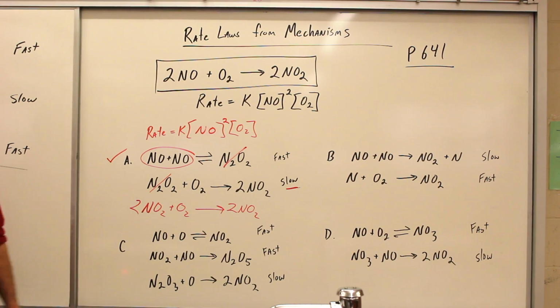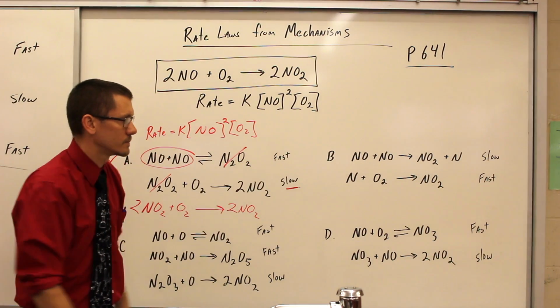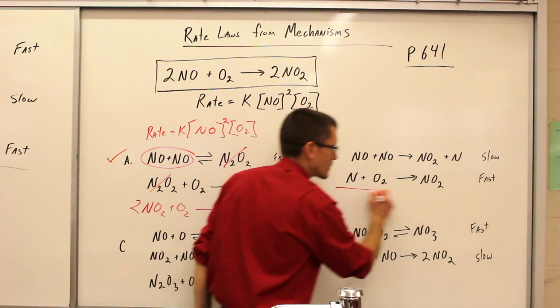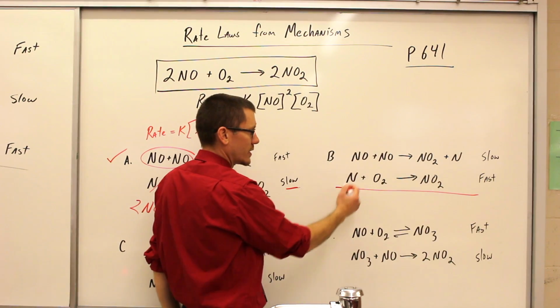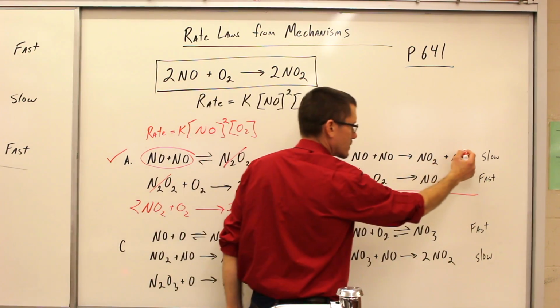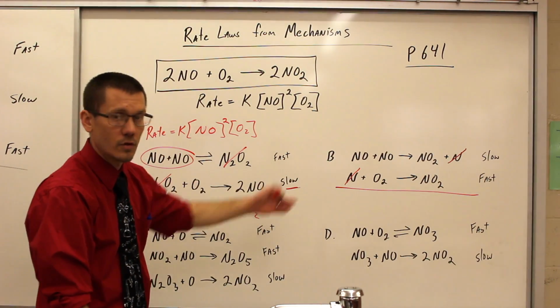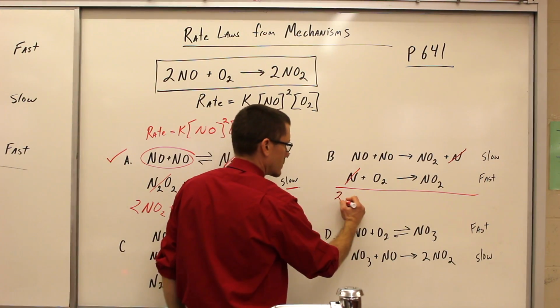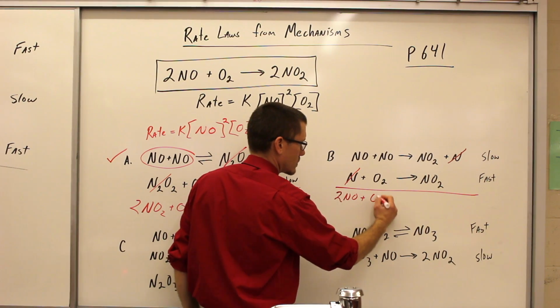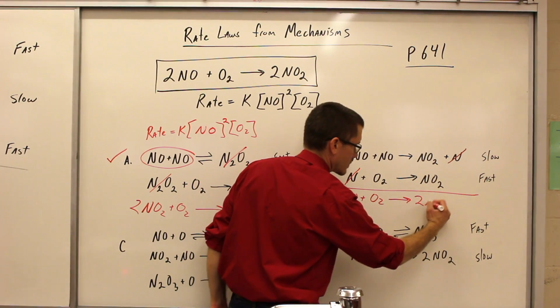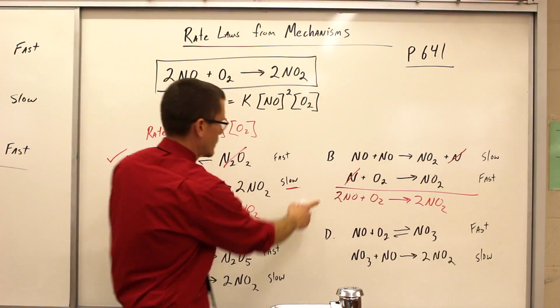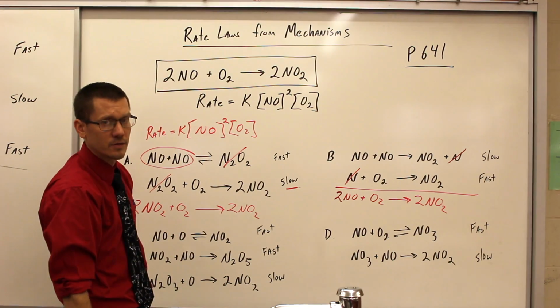Okay, A is a good proposed mechanism. For B, we can cross off our intermediates and write our overall reaction. It matches our observed reaction.